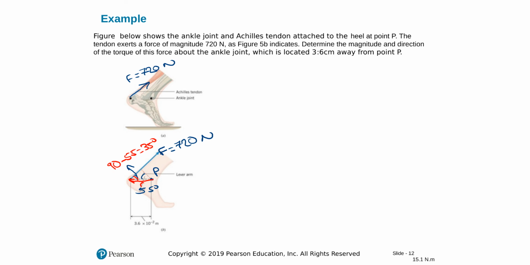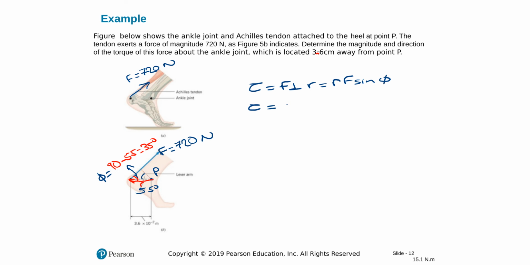And the question tells us the distance r is 3.6 centimeters. So we'll find our torque as force perpendicular times r. This will be r times F times sine phi, and this angle we calculated here would be phi, the angle between F and R.